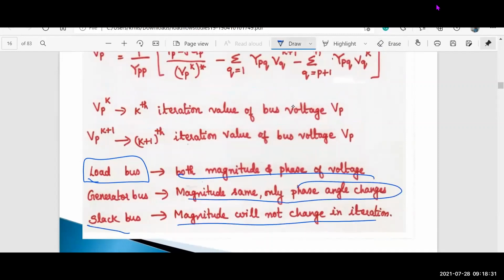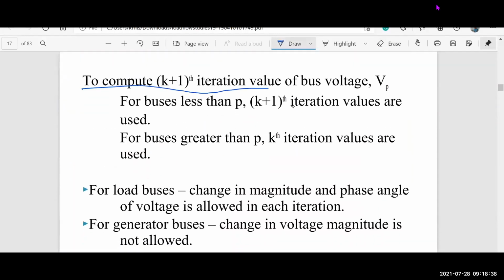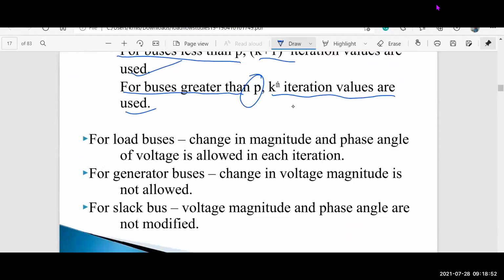Slack bus: magnitude will not change in iteration. This is the content. So to compute the k plus 1 iteration value of the bus voltage VP, for buses less than P, k plus 1 iteration values are used. For buses greater than P, kth iteration values are used.